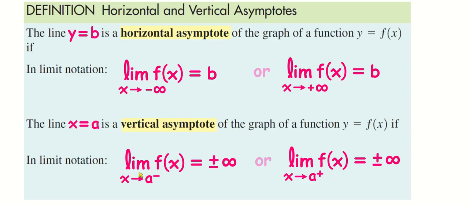So the line x equals a, and here's a again right here, is a vertical asymptote if this is basically true.